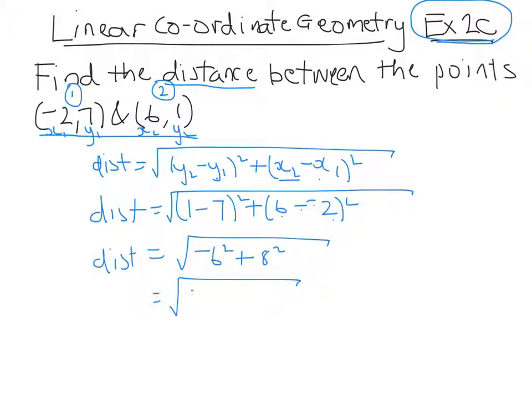Now minus 6 squared is 36. 8 squared is 64. When I add them together I get 100. So the distance between them is 10.